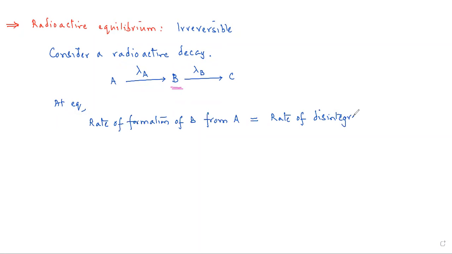I mean, rate of disintegration of B into C. So this is how we can give. Formation of B from A and disintegration of B into C will have the same rate at equilibrium.